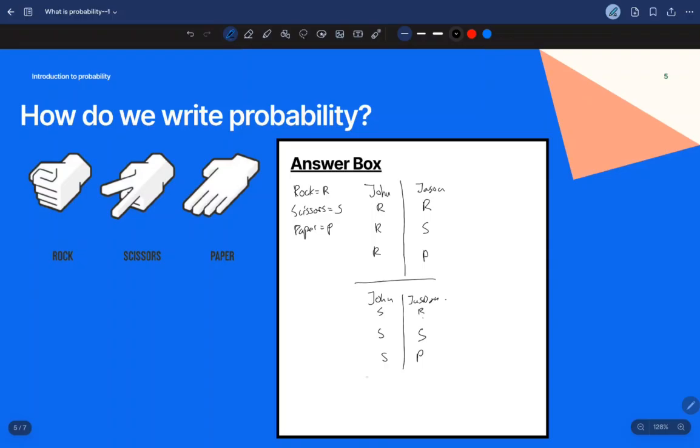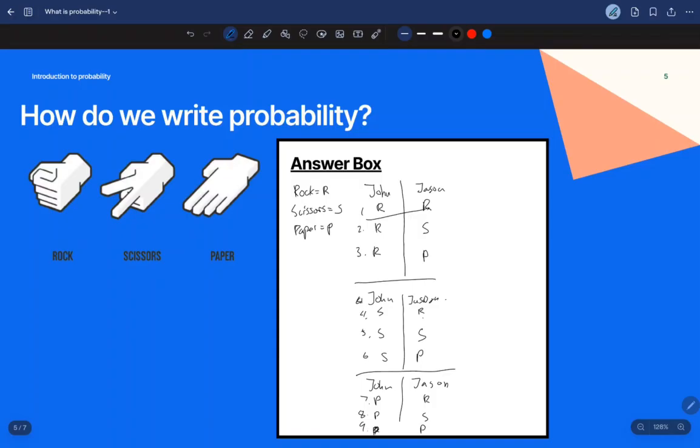Lastly, when John does paper, Jason could do rock, scissor, or paper. There are a total of 1, 2, 3, 4, 5, 6, 7, 8, 9 sets.